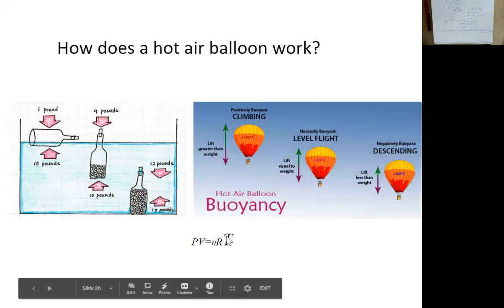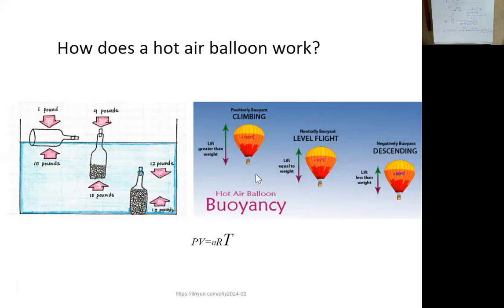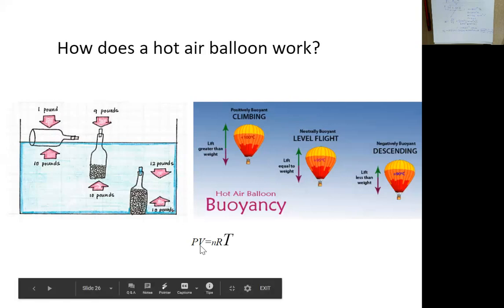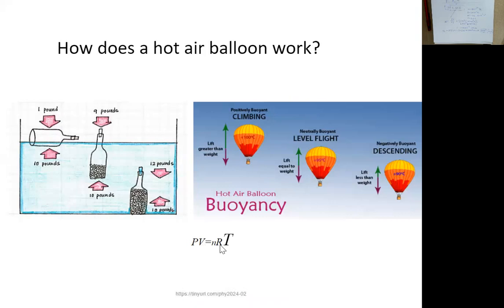When the temperature is high, the volume of the hot air balloon doesn't change. The fact that there's an opening at the bottom means the pressure inside is the same as the pressure outside, so the pressure stays the same too. Volume stays the same, pressure stays the same, so the left-hand side of the equation stays the same. Then the constant R will stay the same, right? Because it is a gas constant.